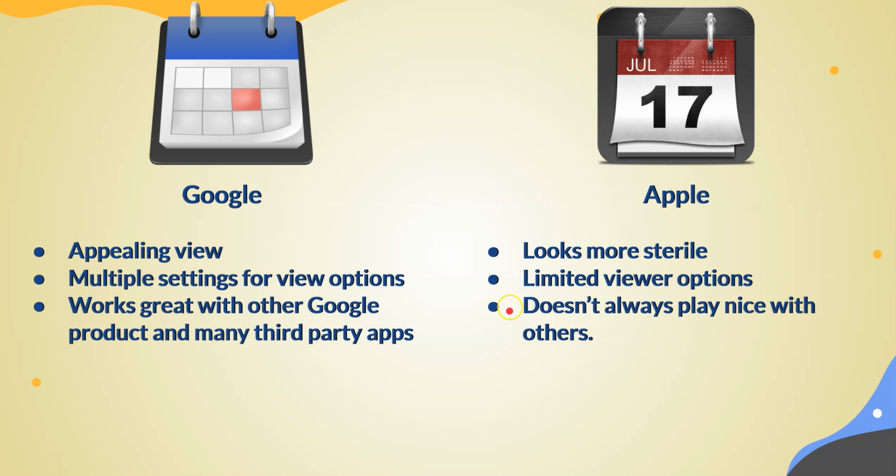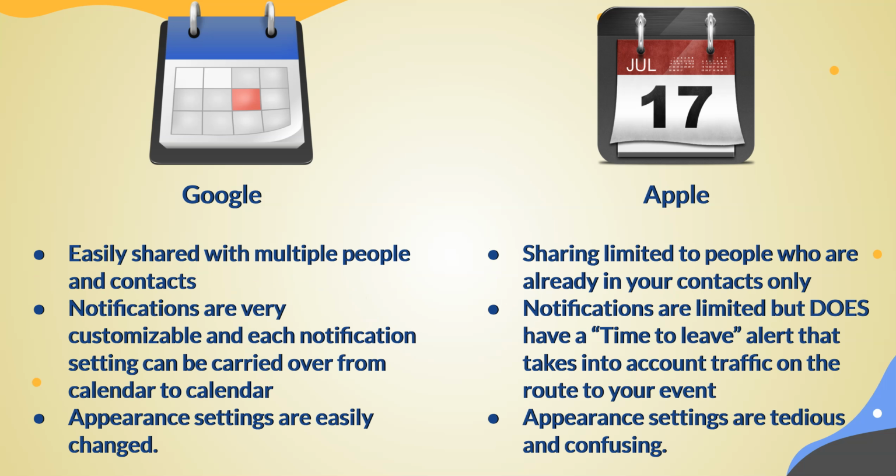And obviously, the Apple Calendar doesn't necessarily play nice with others because of the lack of functionality with other apps. With Google, you can easily share your calendar with multiple people and any contact without having it in your contacts list already. With Apple, unfortunately, you can only share it with people who are already in your contacts list, and you have to manually enter them into your contacts list before you can put them into your calendar to share anything.